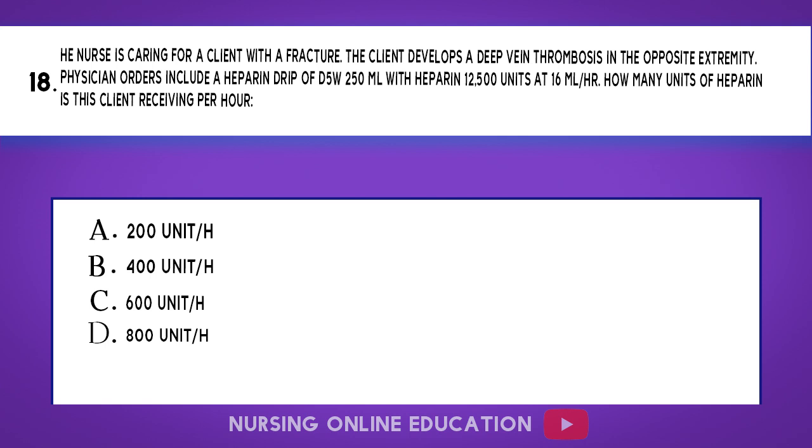B. 400 units/H. C. 600 units/H. D. 800 units/H. The answer is option D, 800 units/H.